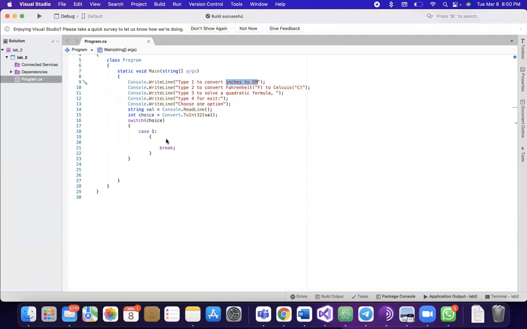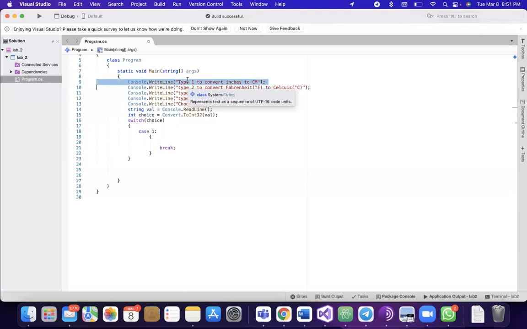And in order for us to create the conversion, we must put in a formula where the person will enter a value, and this value will go into the formula, and then what will come out is the centimeter version of the inches. So first, what do you think we should do? First, you should ask the user for the measurement in inches.